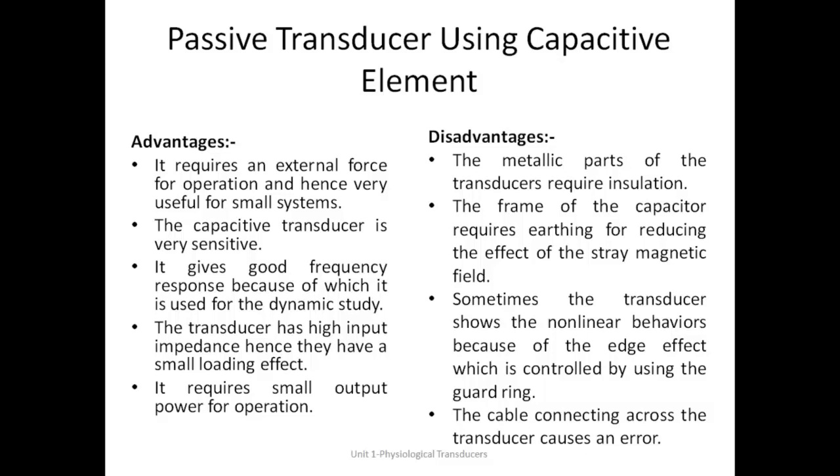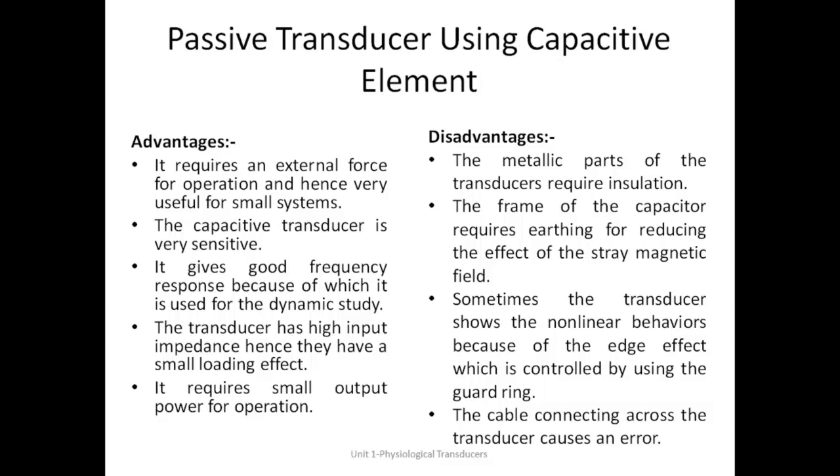Whereas we have certain disadvantages. Since we are using metallic plates, proper insulation is a must, otherwise it will start disrupting other elements of the circuit. The frame of the capacitor requires earthing to reduce the effect of stray magnetic fields. That means any extra current or magnetic field being produced should be directed towards the ground.